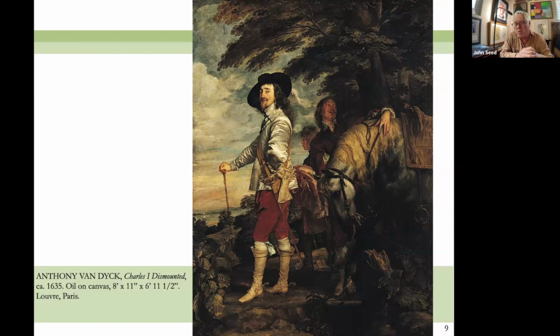And Charles looks at us with a certain knowing, haughty disdain. And I think the message is, yes, I'm the king, but I really enjoy a good ride in the countryside. Very different image of monarchy that I think has some political significance that makes the monarch maybe relatable for the first time in the history of painting.